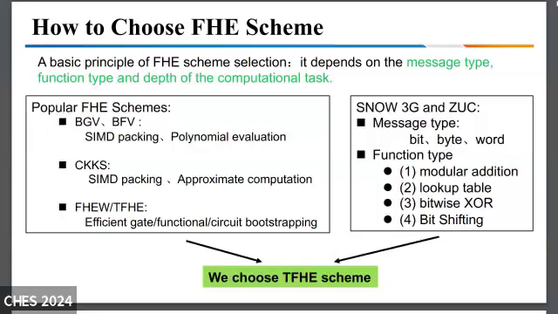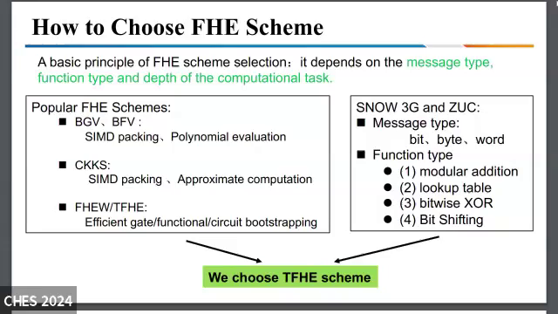Now, these three schemes have very different characteristics, and they can support different functions. For example, BGV and BFV support SIMD packing and polynomial evaluations.